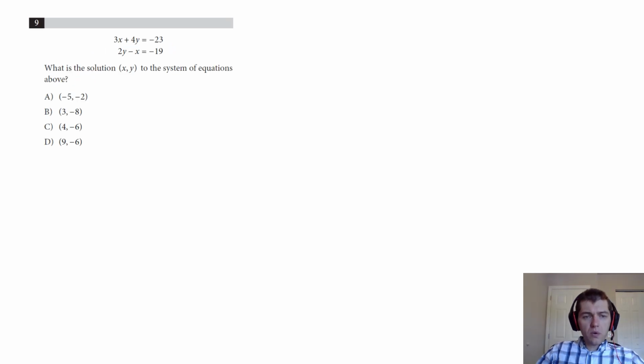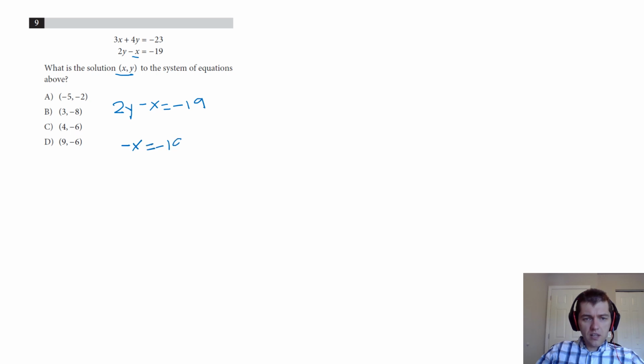Okay, problem number 9. What is the solution xy to the system of equations above? When you see a system of equations, it usually means solve one variable in one and plug it into the other. So we'll take 2y minus x is equal to negative 19 and solve that for x. So we'll have negative x equals negative 19 minus 2y, after subtracting 2y from both sides.